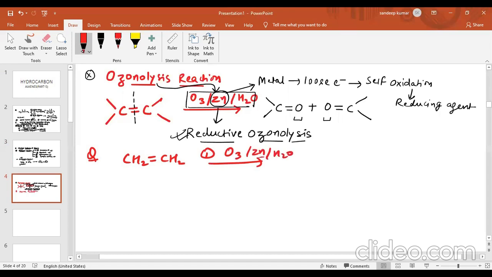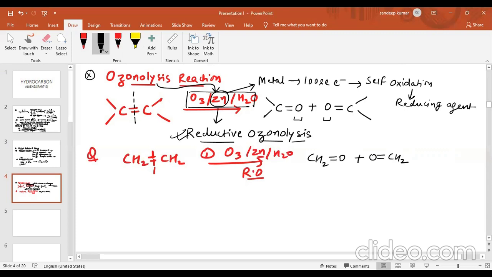So when you see zinc, it means it is reductive ozonolysis. Now break the bond and add oxygen to both sides. So this is CH2 double bond O plus double bond O CH2.